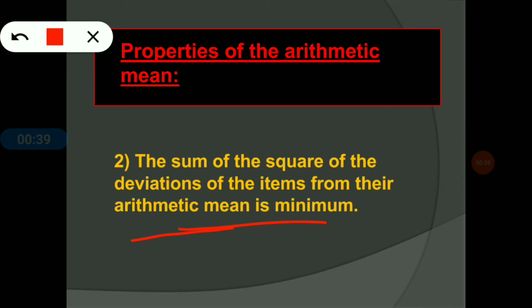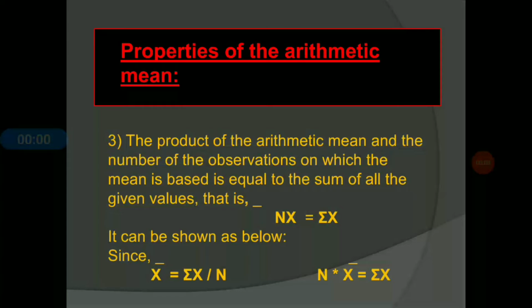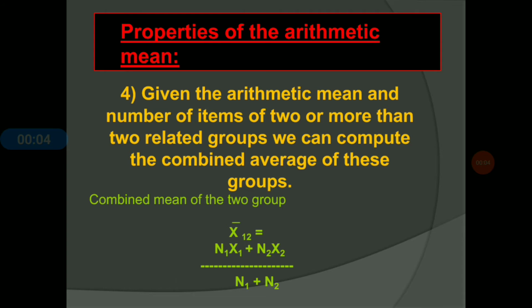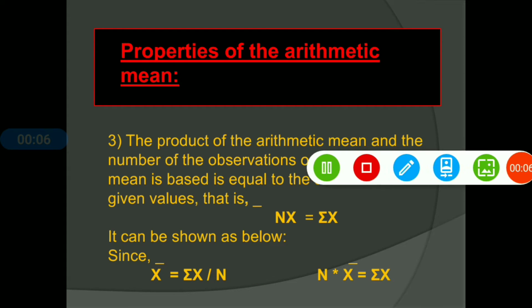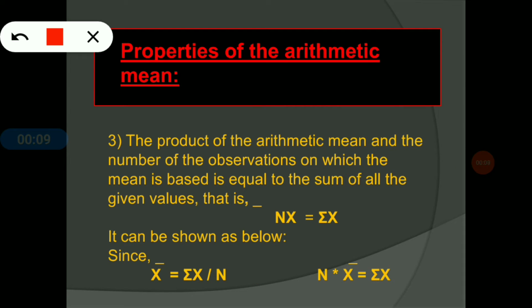Okay. So, now going to the third property. The third property is the product of the arithmetic mean and the number of observations on which the mean is based is equal to the sum of all the given values, that is n x bar is equal to summation x. Clear?